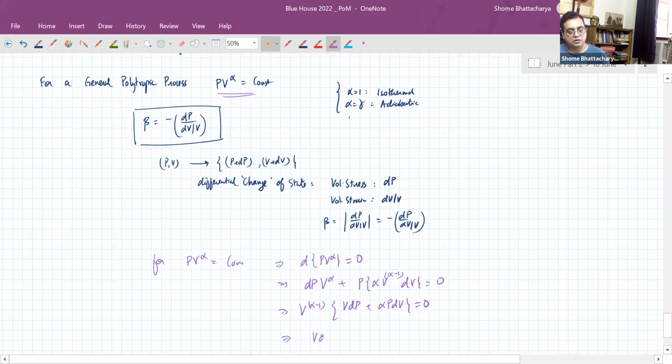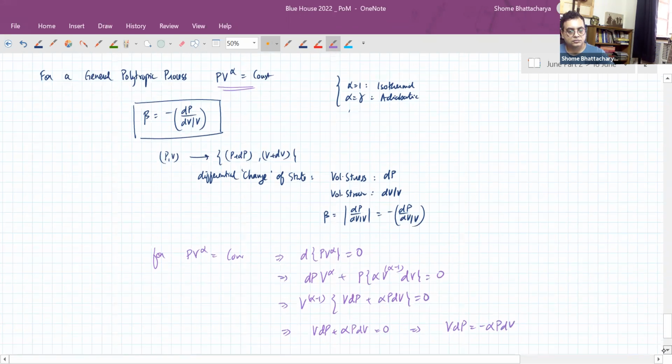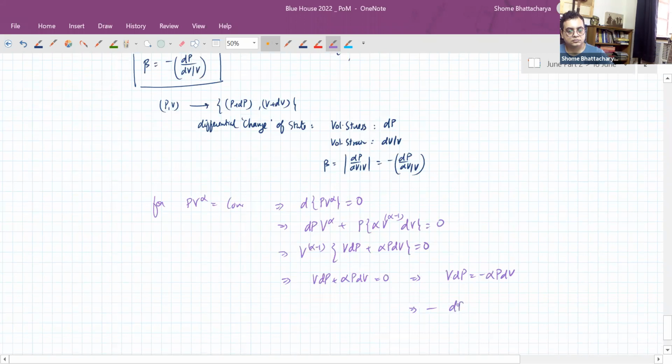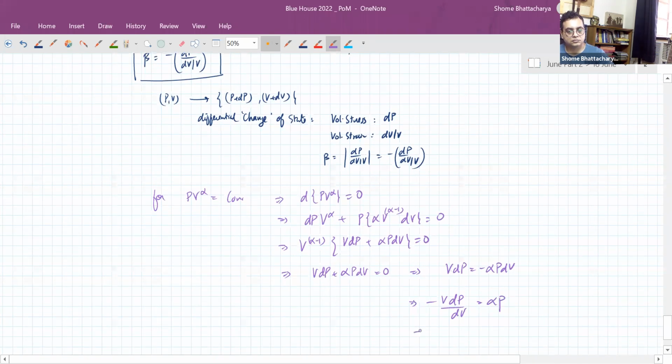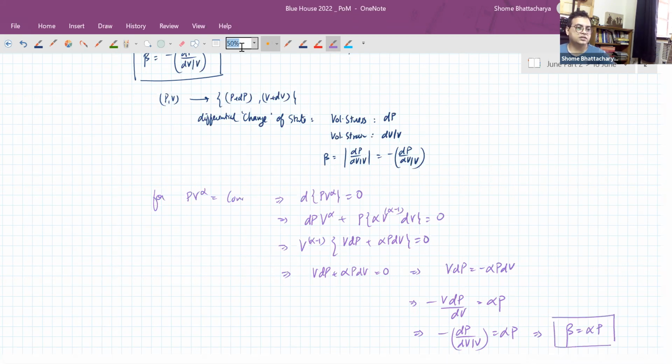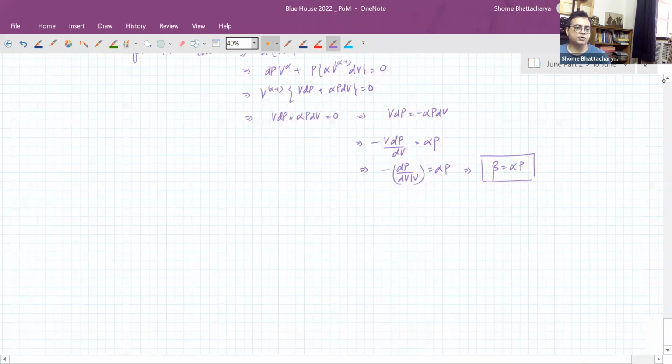This means that the bulk's modulus is alpha P. So this is the general formula for bulk's modulus of elasticity in a general polytropic process.